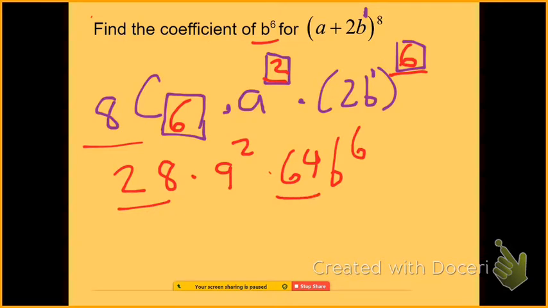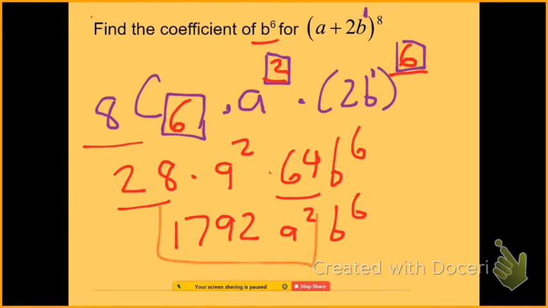To find our coefficient, we can multiply them together. So 28 times 64 comes out to be 1792. Alright, a²b⁶. So the coefficient in front of b⁶ would be 1792a². Alright, so that's how you could jump right to a specific term.